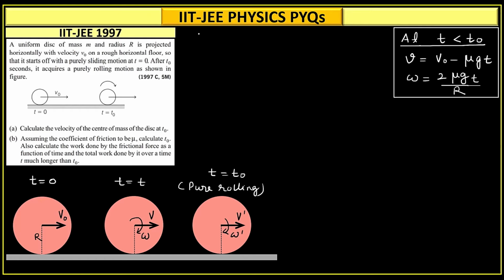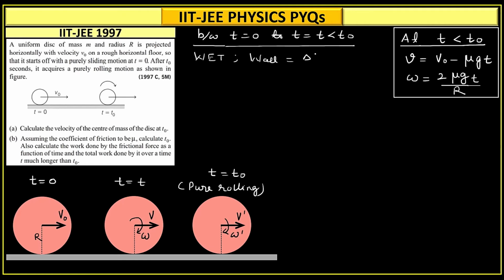So in a time interval between t equal to 0 and t equal to t, less than t naught, I want to apply the work energy theorem. The work energy theorem says work done by all forces is equal to change in kinetic energy.